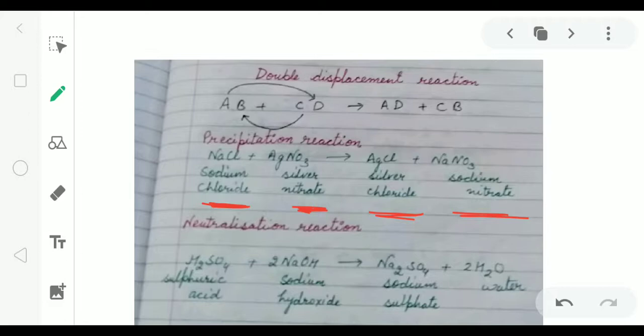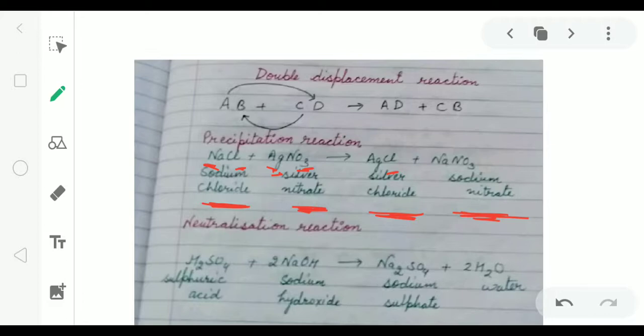But in the products, silver chloride is formed. Silver and chlorine, these are combined to form silver chloride. And sodium forms compound with nitrate. So this is double displacement reaction.